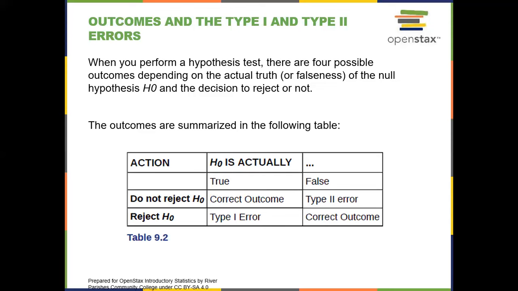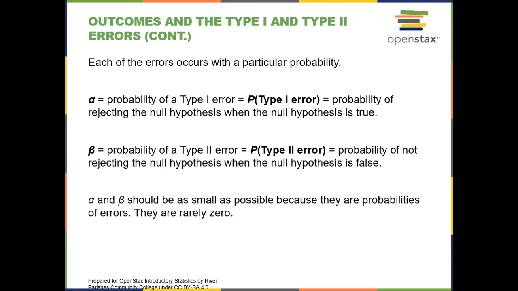Each of the errors occurs with a particular probability. Alpha is the probability of making a type 1 error. Alpha is Greek small a. What does it mean? It's the probability of rejecting H0 when H0 is true. That means in reality, we should not have rejected H0, but we made an error, which is called type 1 error.